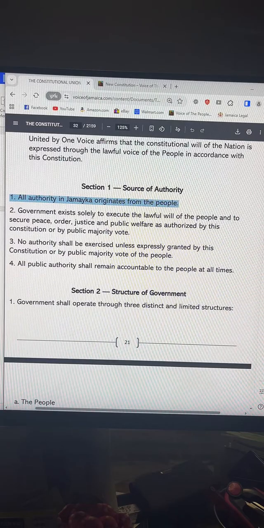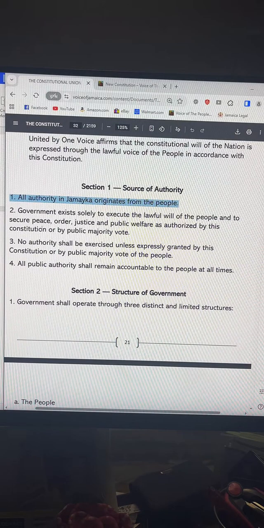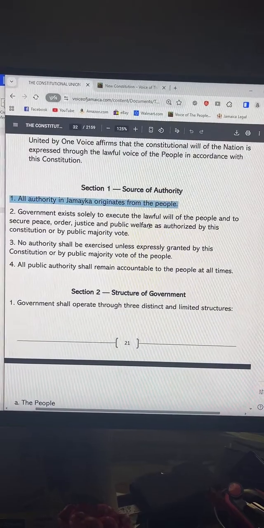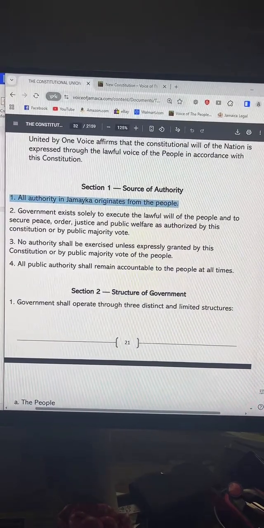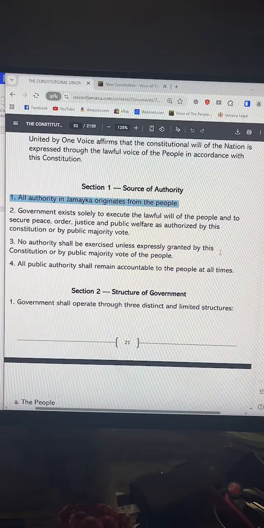Section 2, government exists solely to execute the lawful will of the people and to secure peace, order, justice, and public welfare as authorized by this constitution or by majority public vote. No authority shall be exercised unless expressly granted by this constitution or by public majority vote of the people.